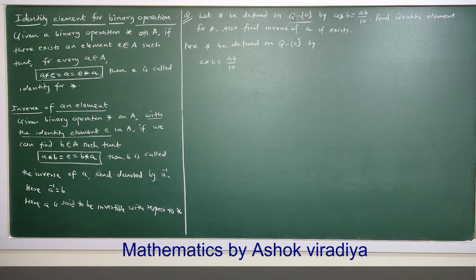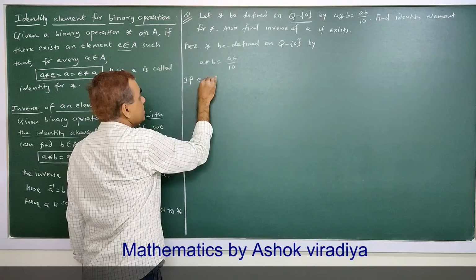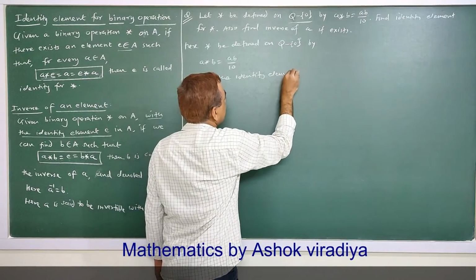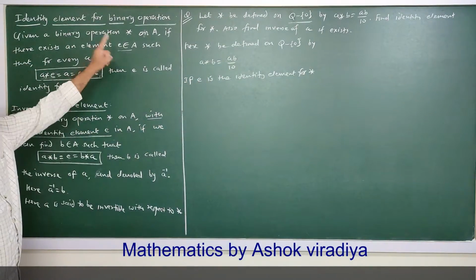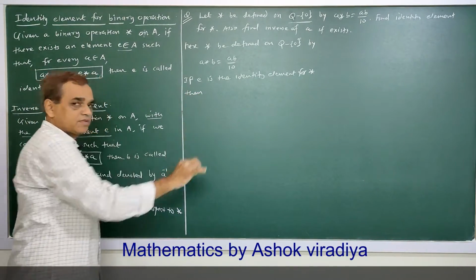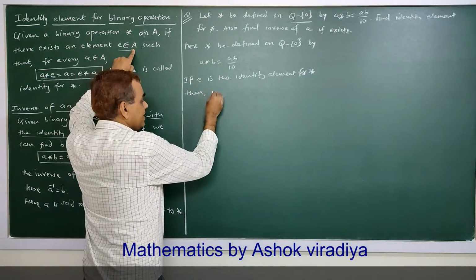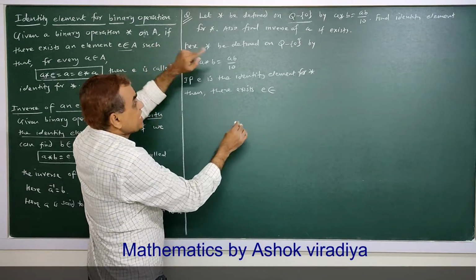In the first part we are finding the identity element. So the method is: if E is the identity element for the given binary operation, then there exists E belonging to A. What is A here?